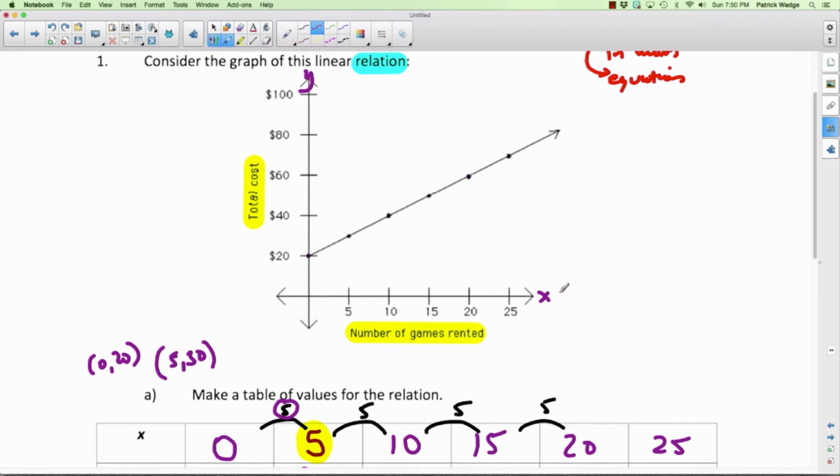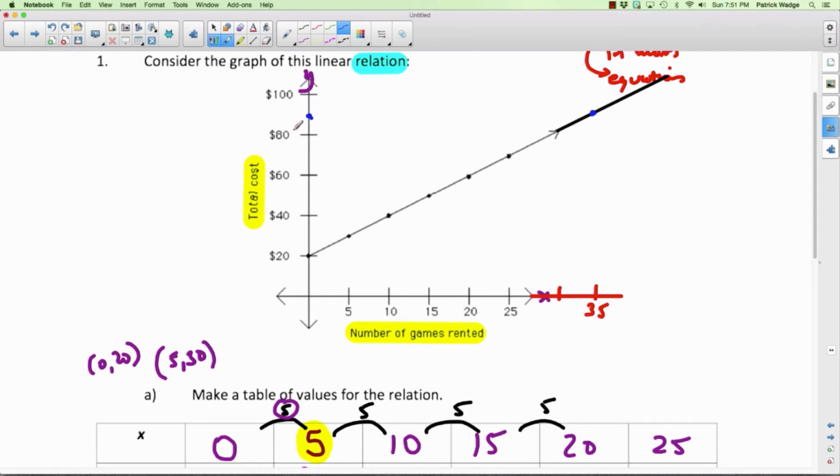But what if we wanted to know how much 35 games was? Okay, we could estimate. It's not easy to do because this might need to be extended a little bit, straight line, right? And then we could do our estimate from there. If I want to know 35, I would go up to the line and then over from there. I estimate right around $90, I guess.